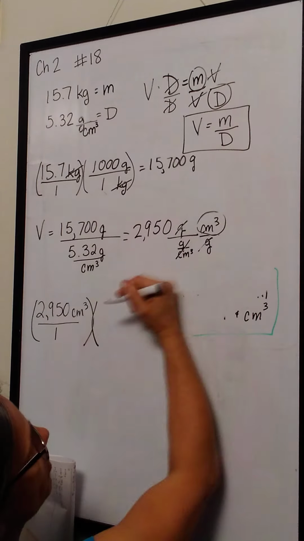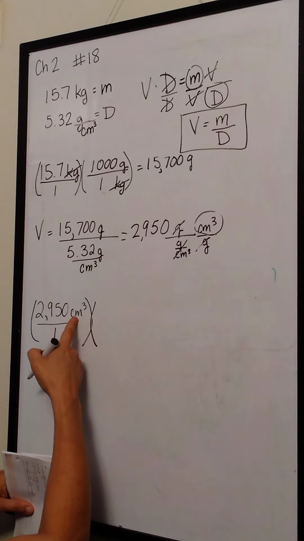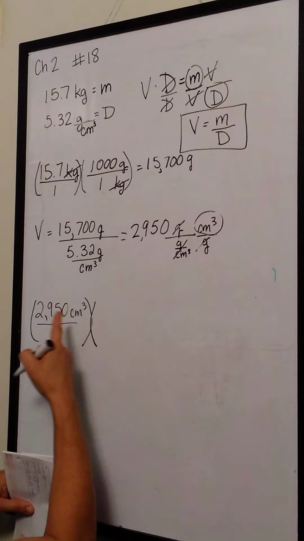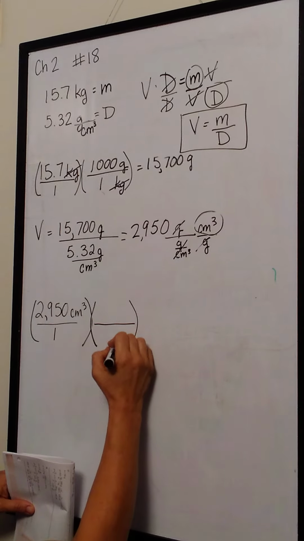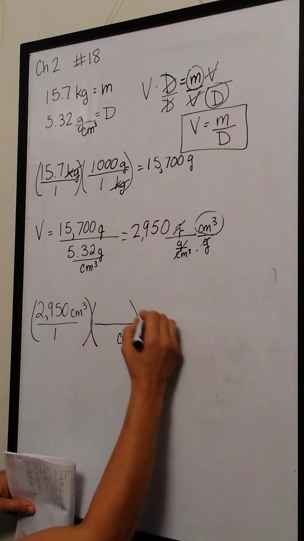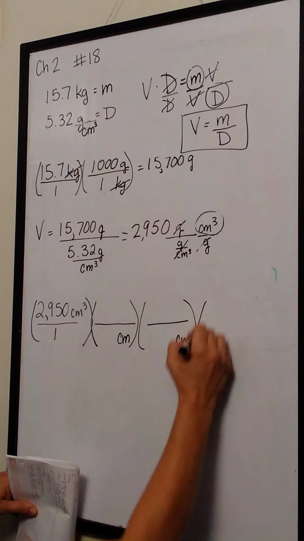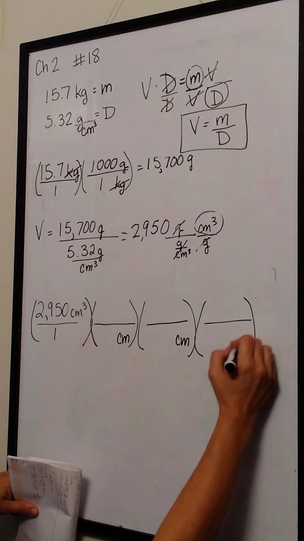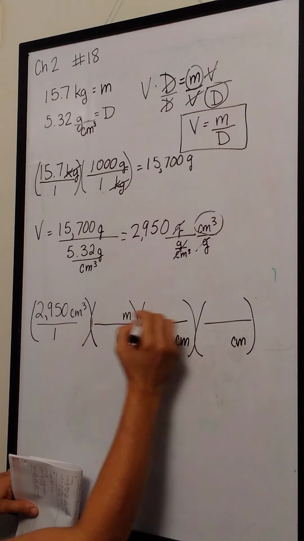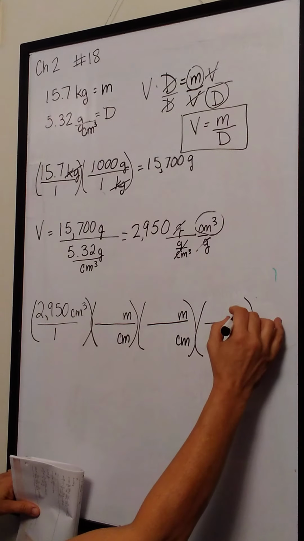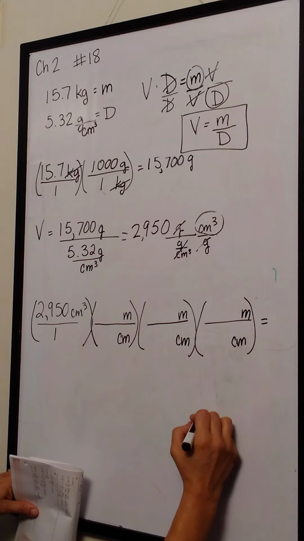Oh, we're not going to have enough room here unless I erase that. And we've got centimeters times centimeters times centimeters. That's centimeters cubed. So we're going to need 3 unit conversions. We're going to need centimeters on the bottom once, twice, and a 3rd time. And then we'll have meters on the top, meters on the top, meters on the top, which will yield our meters cubed.